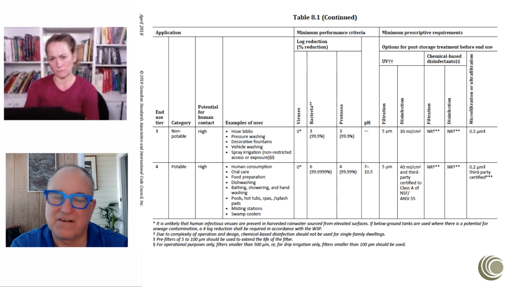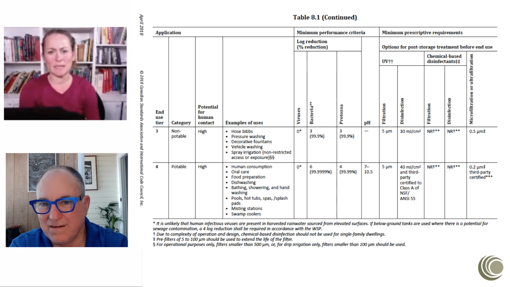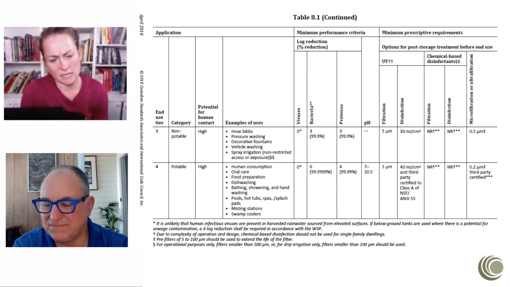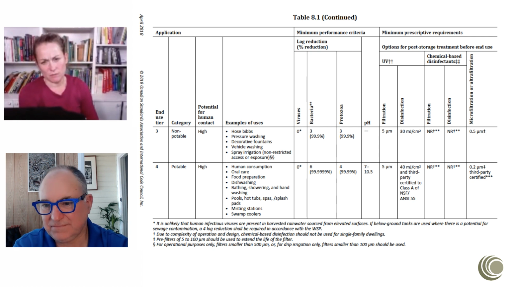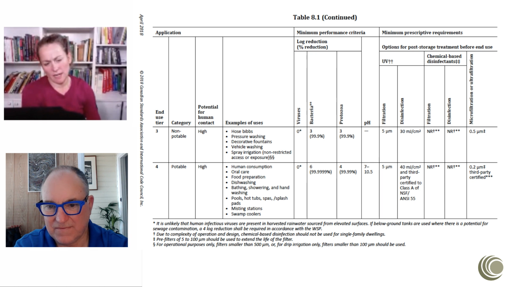This is quite different to rainwater. We don't need to do this with rainwater. The implication here in this table is almost that you should test and monitor and adjust the pH in your rainwater to be within this range.